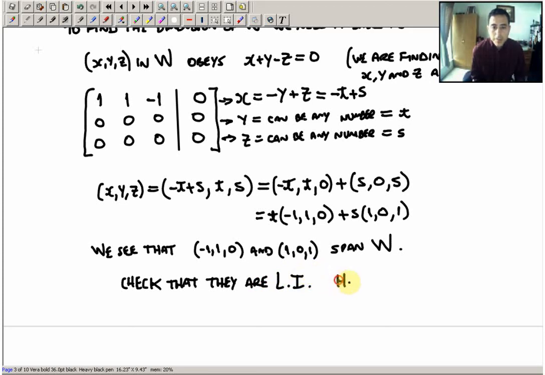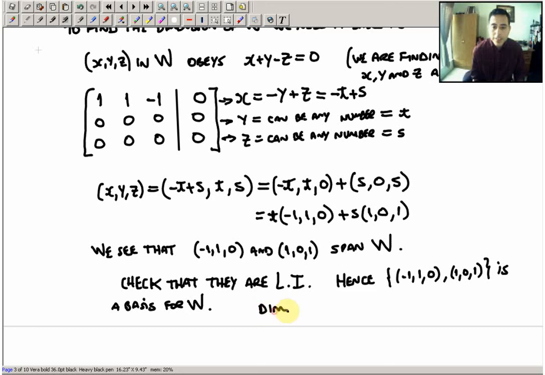Therefore, they form a basis. Negative 1, 1, 0 and 1, 0, 1 is a basis for W. So the dimension of W is 2 because there are two vectors in the basis.